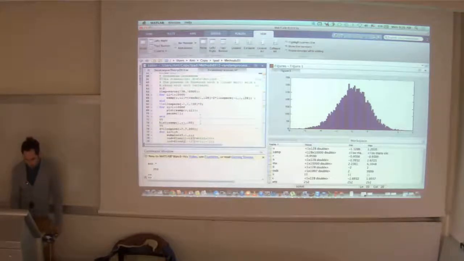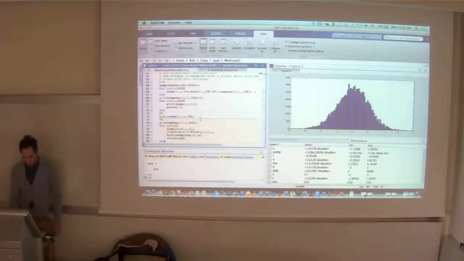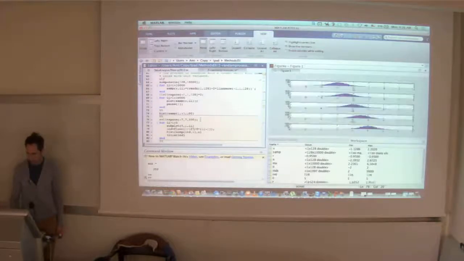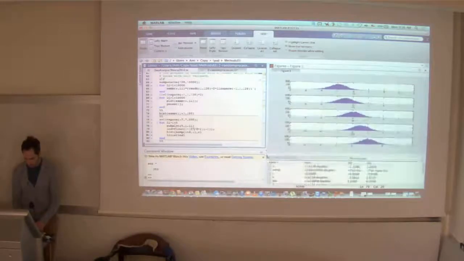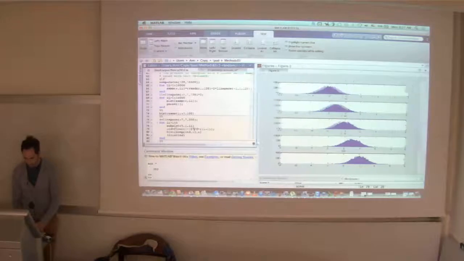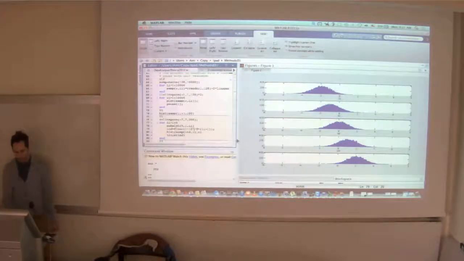But we also want to show that it has some stationary properties. So instead of looking only at the first point, I'm going to look at a few other points.